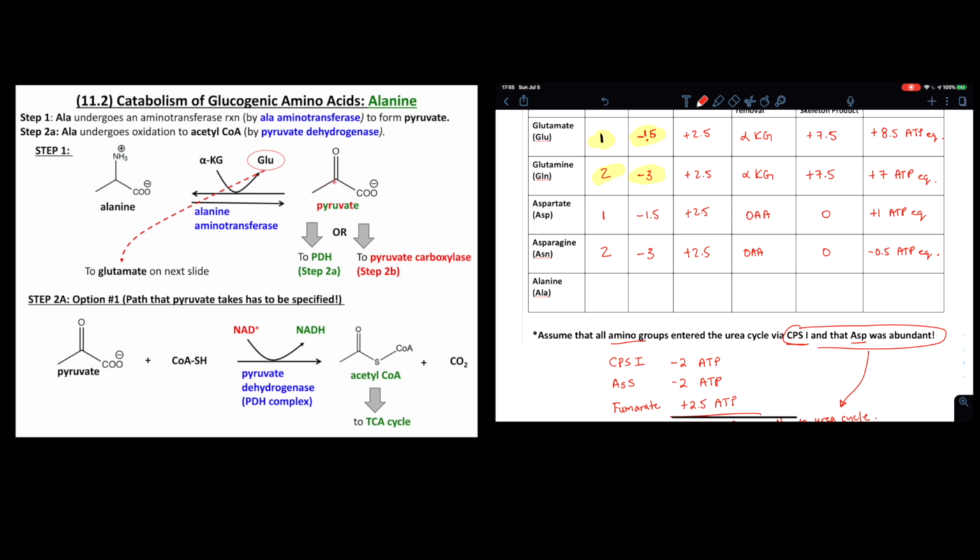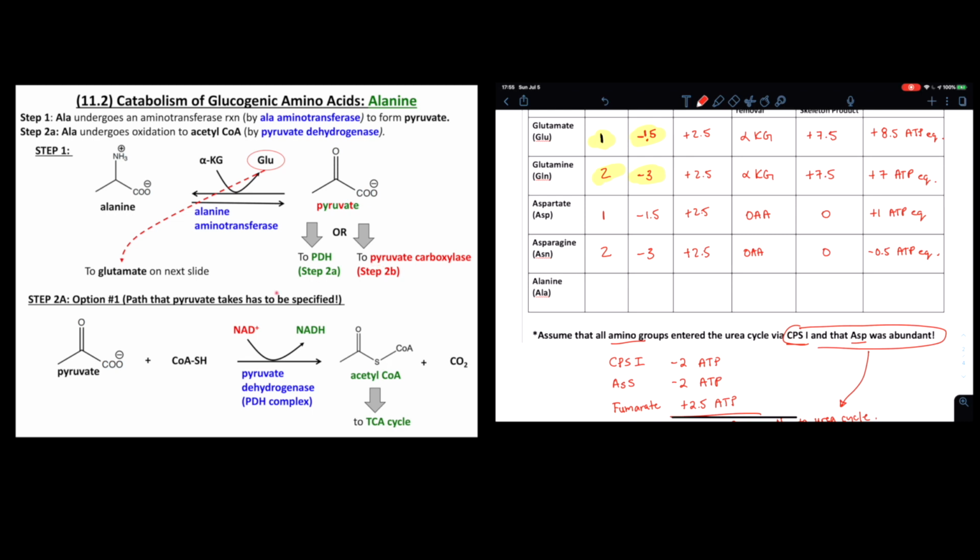Now, if you remember from your Biology 201 and Biochem 202, this pyruvate has one of two fates. It can either go through PDH, which stands for pyruvate dehydrogenase, which we're going to do in step 2A, or it can undergo carboxylation by pyruvate carboxylase, which we'll go over in step 2B.